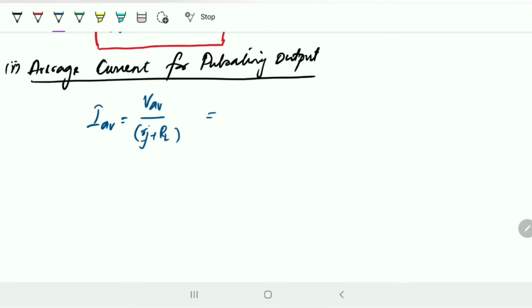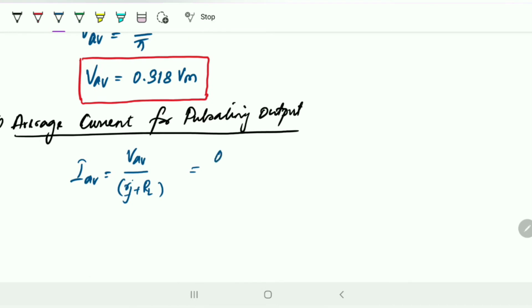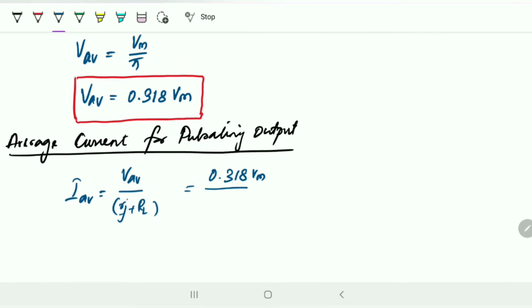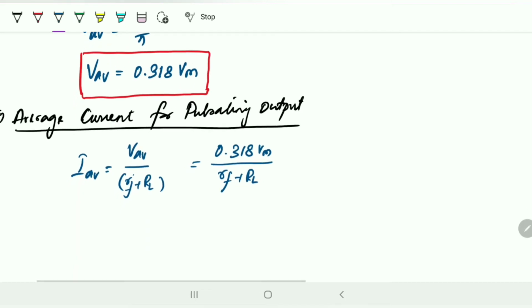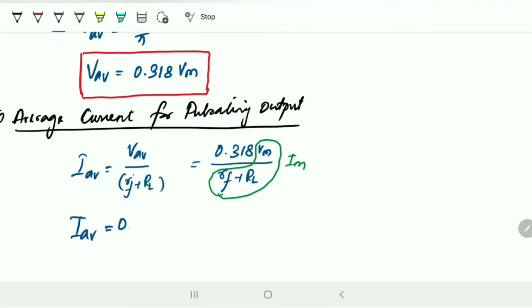So IAV is nothing but 0.318 Vm divided by RF plus RL. Okay, so Vm divided by the resistance can also be given as Im. So I can write the final value of IAV as 0.318 Im.